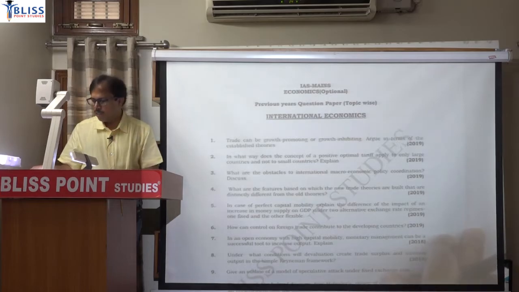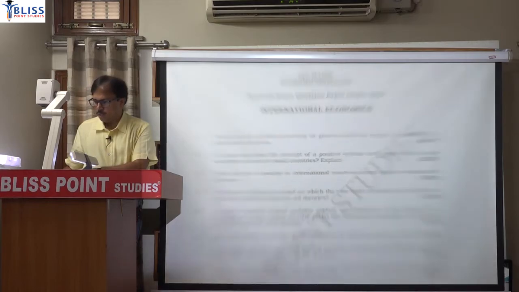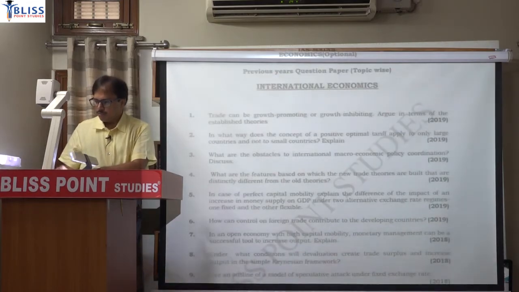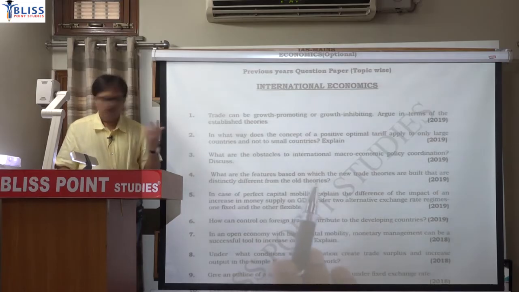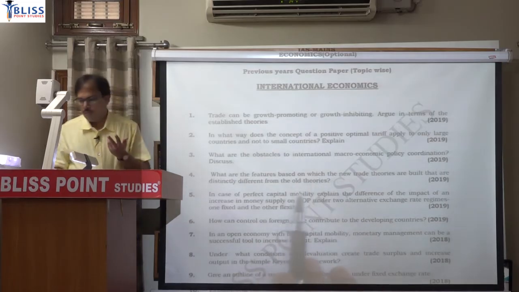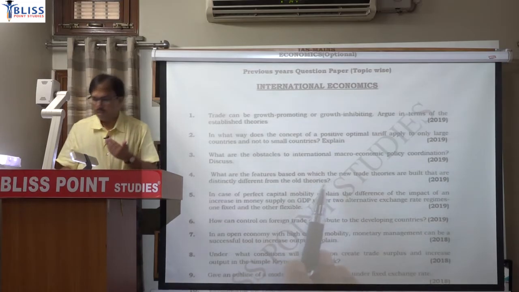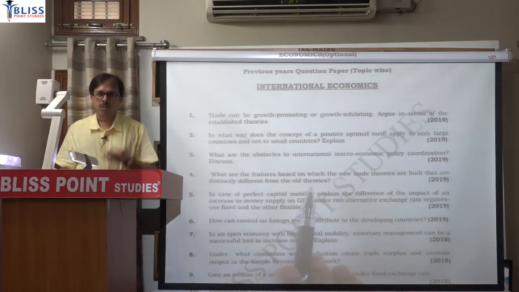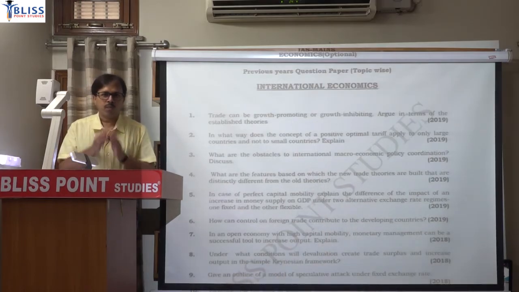But if you read questions like the last year question, you can read question number 4 here. What are the features based on which new trade theories are built that are distinctly different from the old theories? So it is not referring to one old theory, but a group of theories called old theories.